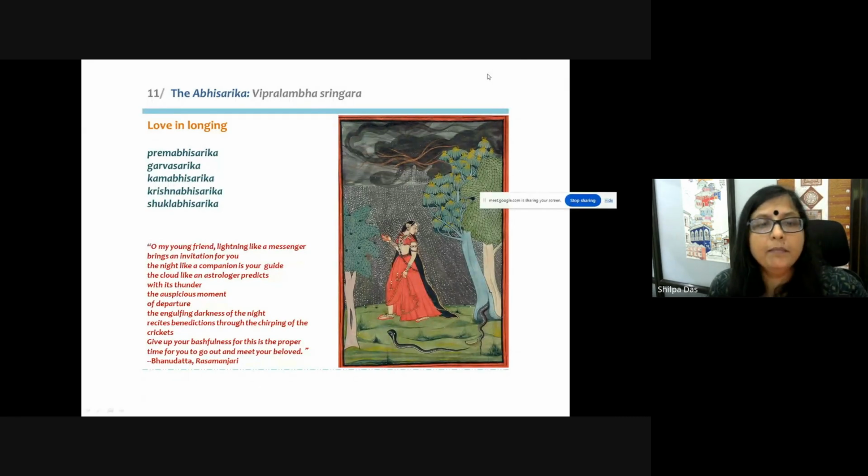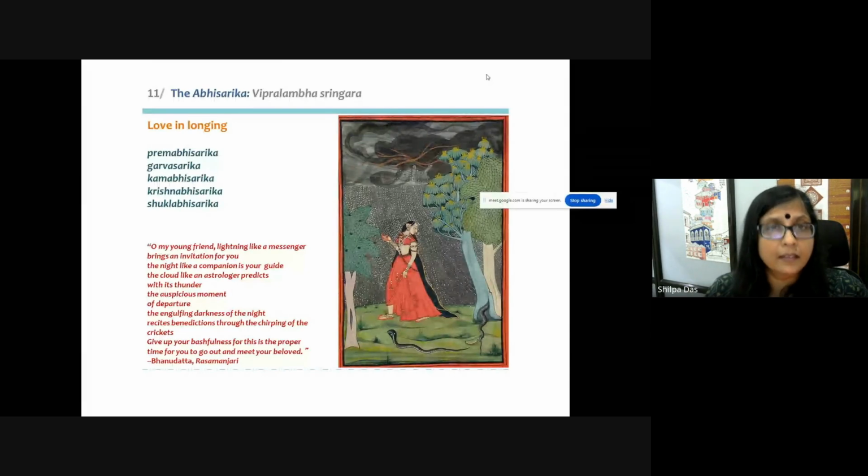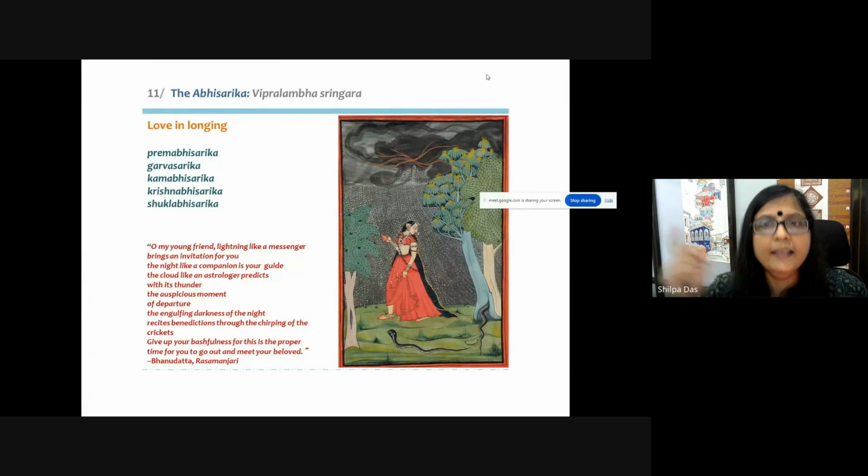Another thing to remember is that thunder is always shown to be the Nayika's enemy, and lightning, thunder's wife or consort, is her friend. So lightning will try to light her path so that she can see where she is walking. Yeah, and the one important thing that we see here, but I'll come to that.